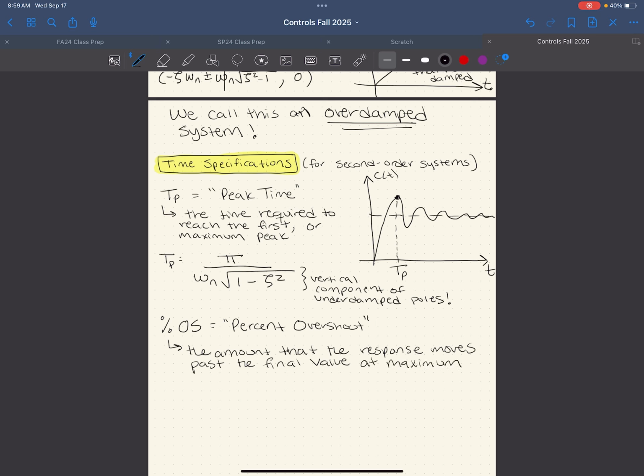So what is the maximal amount that it surpasses the final value? And then we express that amount as a percentage of the final value.